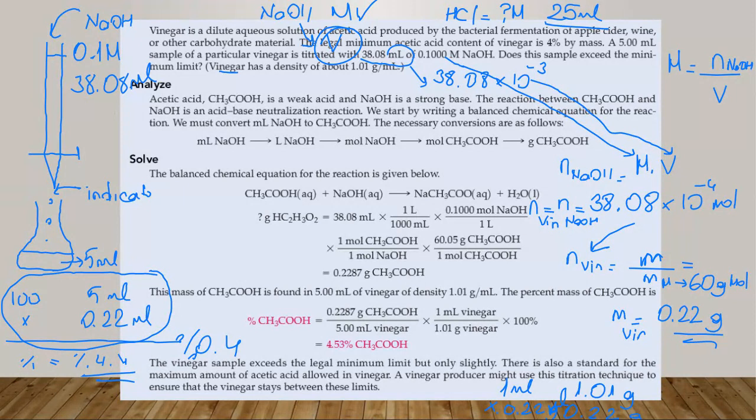You will calculate here: molarity of sodium hydroxide times volume of sodium hydroxide is equal to molarity of hydrochloric acid times volume of hydrochloric acid. Only this you don't know. Okay? I think I can explain.